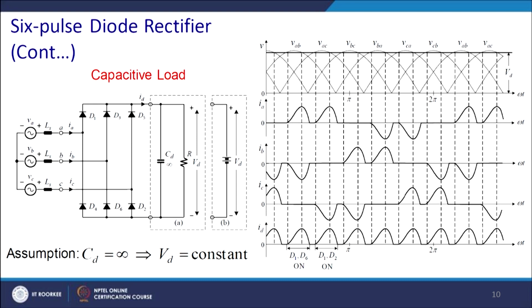So, for this small interval where phase AB is more than the output VD, current will conduct. Similarly, it will conduct for a very small interval of time. Accordingly, this is the input current, which is very much contaminated with harmonics.